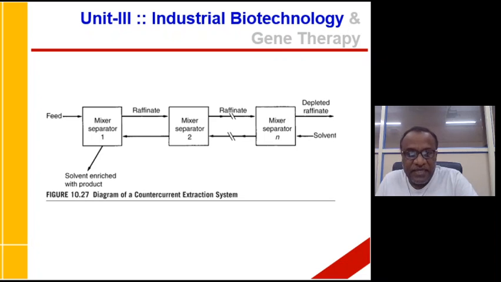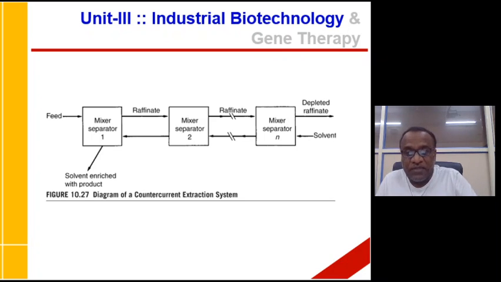They are connected in series. Again, we have mixer or separator number 1, number 2, and it goes up to n. Right. The extracted raffinate passes from vessel 1 up to vessel n.